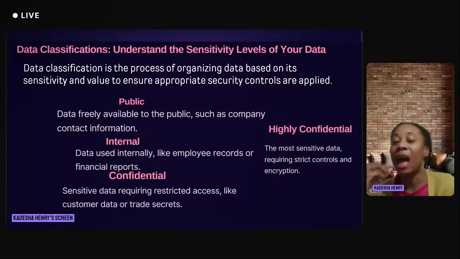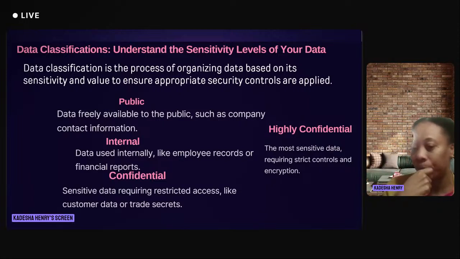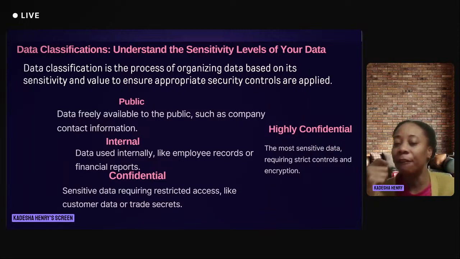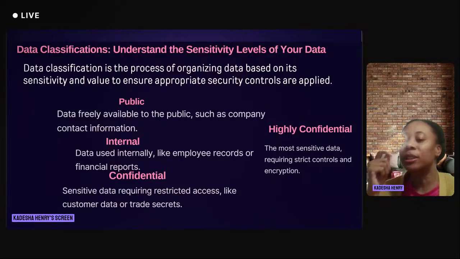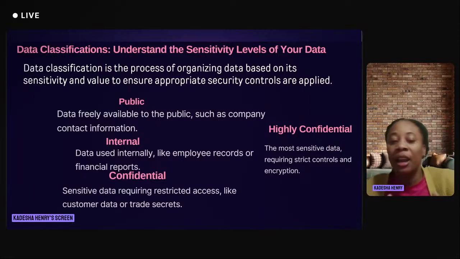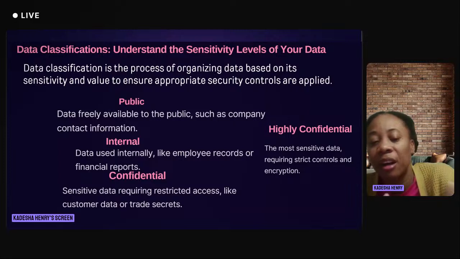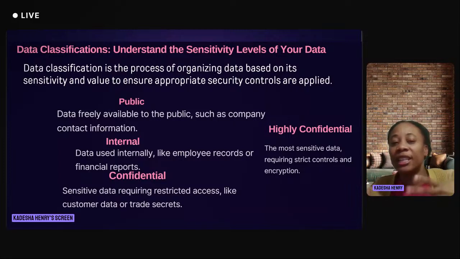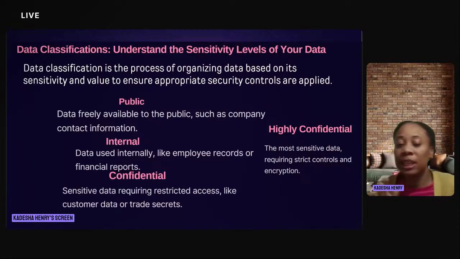And then we have highly confidential. Highly confidential, right? Most sensitive data requires strict control and encryption. So while within the organization, for confidential data, we can have you sign papers saying you won't disclose the information, all of that.